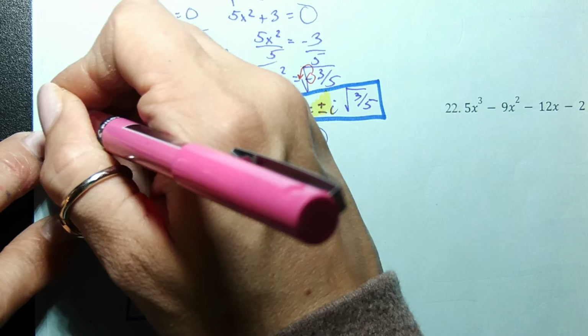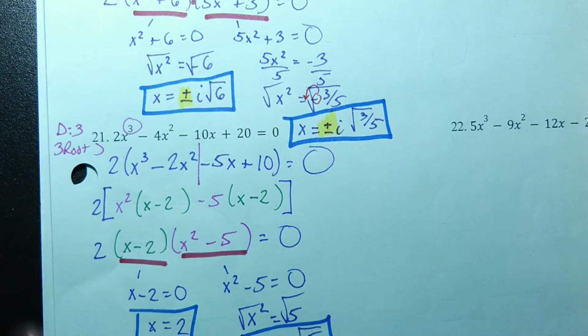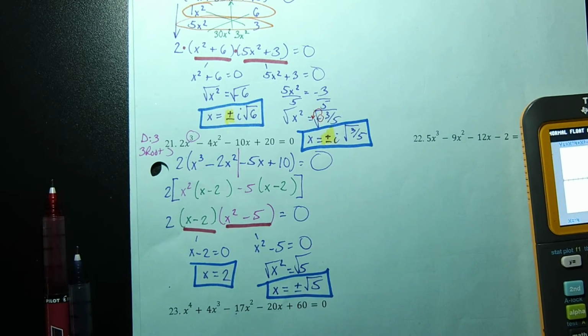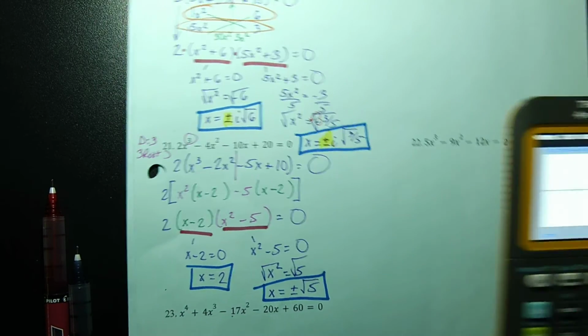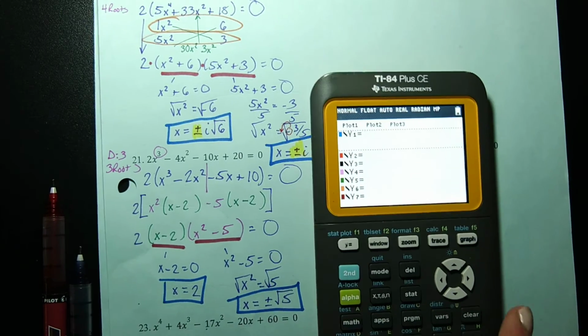So 3 roots. Now, folks, notice that on these 2 problems, what we haven't had to do is use P over Q values, use our quadratic formula, or even use our calculator. But, folks, your calculator is still a way we can check ourselves.